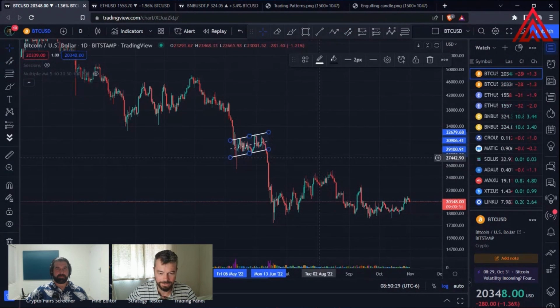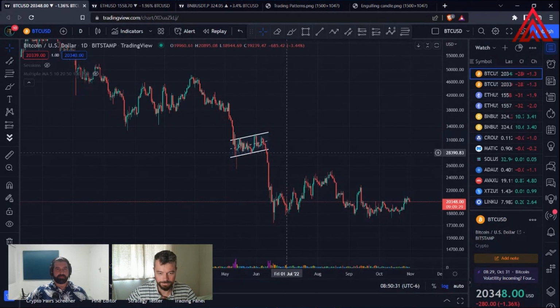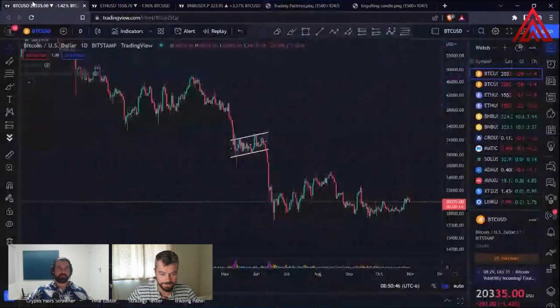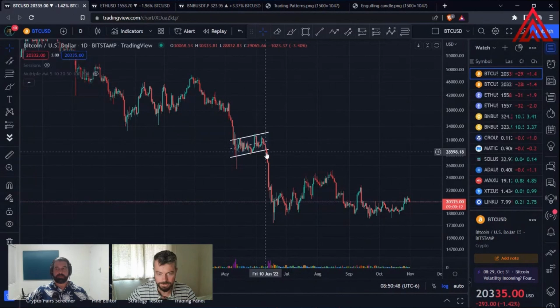If you look at that, you can see that this is definitely a bearish pattern because you have a downtrend, then you've got this flag here, like this one. So that's a bearish flag pattern, and you've got continuation of the downtrend straight after that.